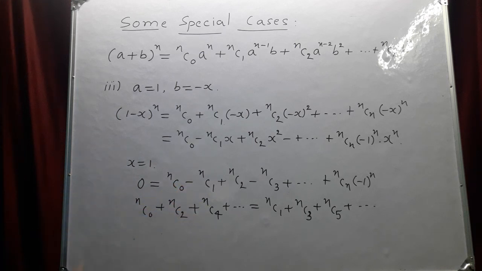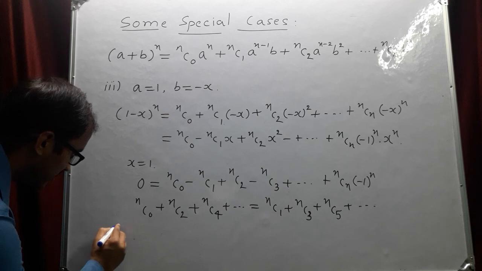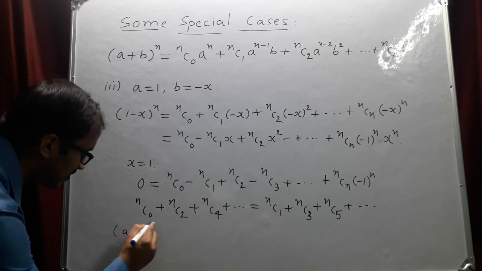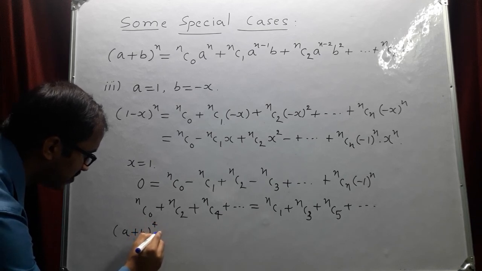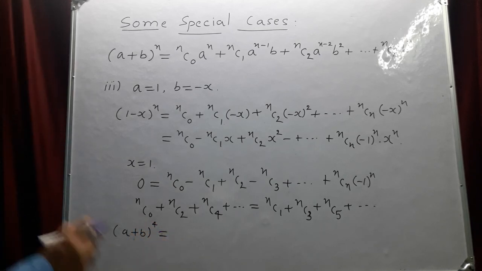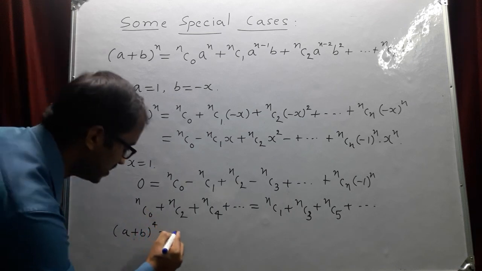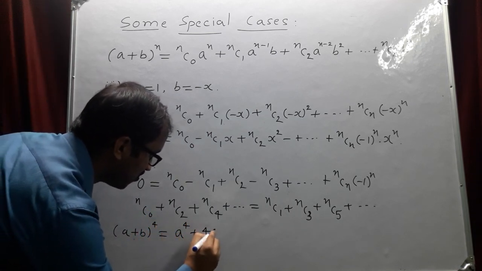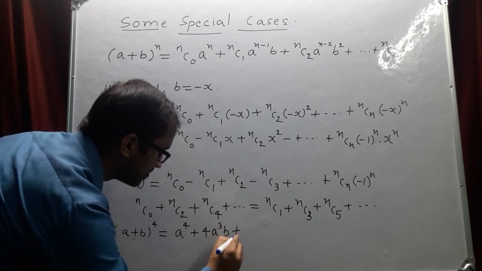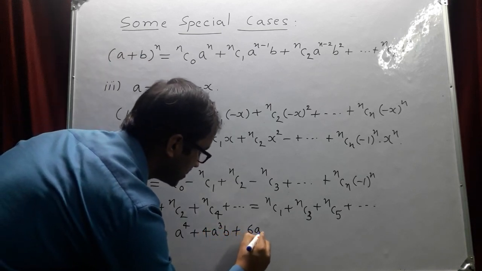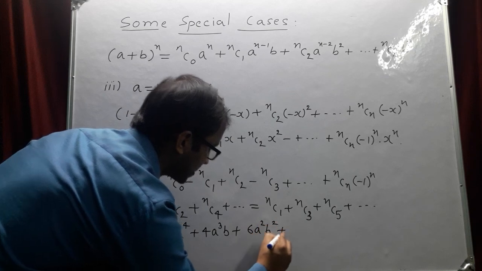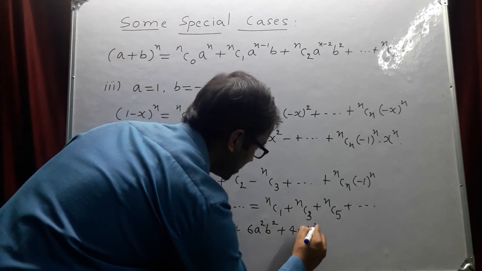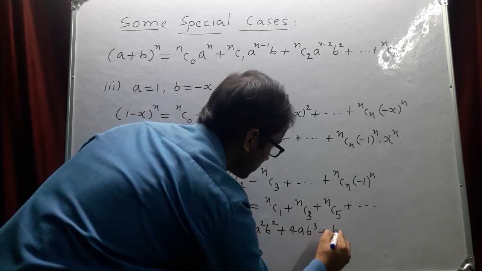As we have seen in the previous case, suppose you consider (a plus b) power 4. If you see the expansion, what we'll get is a power 4 plus 4a cube b plus 6a square b square plus 4ab cube plus b power 4.